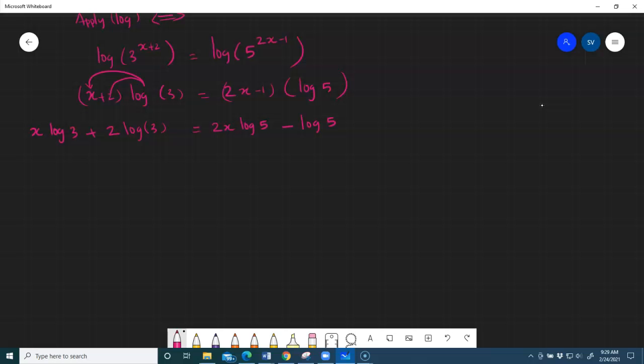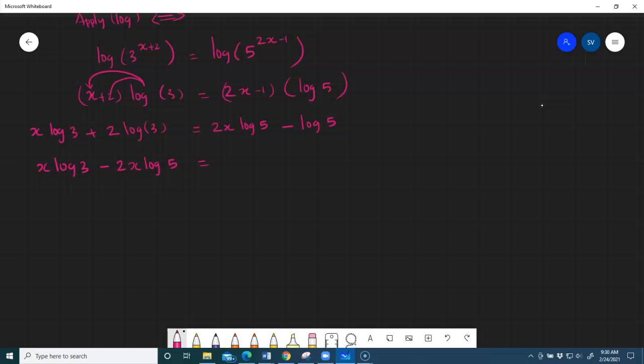Now combine the like terms. This is simple arithmetic, nothing more. Combine the terms which include x. So this is x log 3, and on the right side we have a term with x, 2x log 5. This is positive, so on the left side it becomes negative: x log 3 minus 2x log 5.